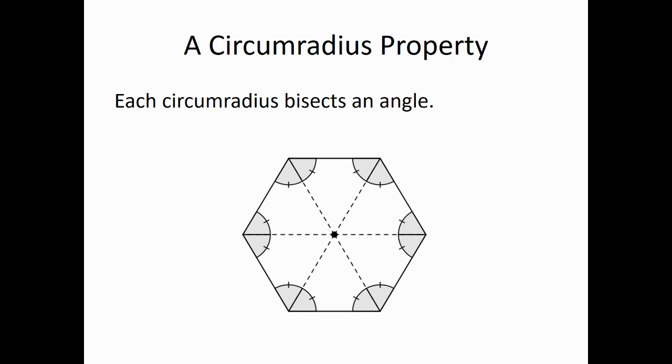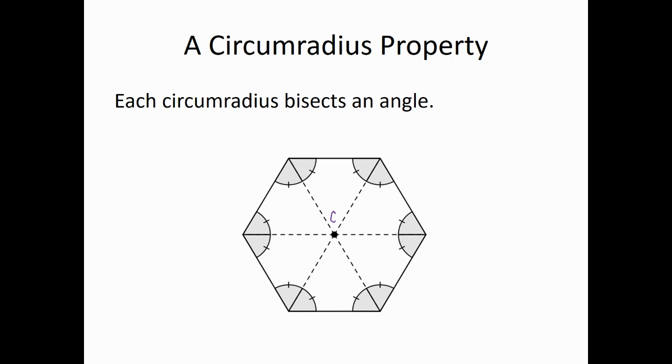All right, we need one other property, in this case a property of a circumradius, and then we'll do the derivation of the area formula for a regular polygon. The property here of a circumradius is that each circumradius bisects an angle. Remember that a circumradius is a segment that goes from the center, here it is once again, the center point C, out to a vertex, and that's what the dashed segments do here.